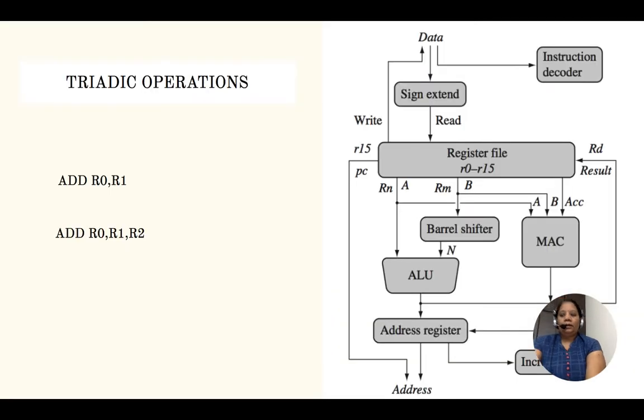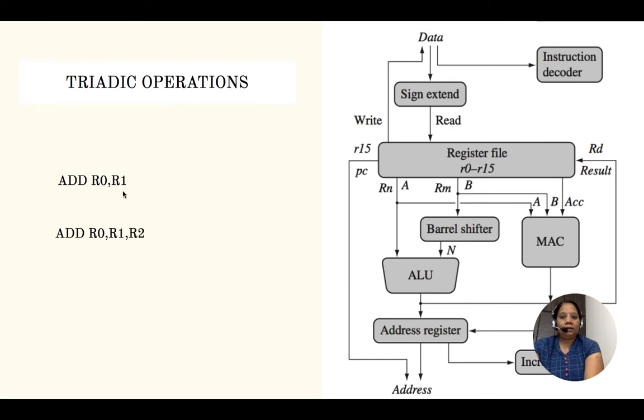Now, one of the special functions of ARM7 is that the ALU of ARM7 allows triadic operations. What do I mean by triadic operations? We would have seen an instruction like this, add R0, R1, which means the content of R0 register and R1 register would be added and the result would be stored back in R0.